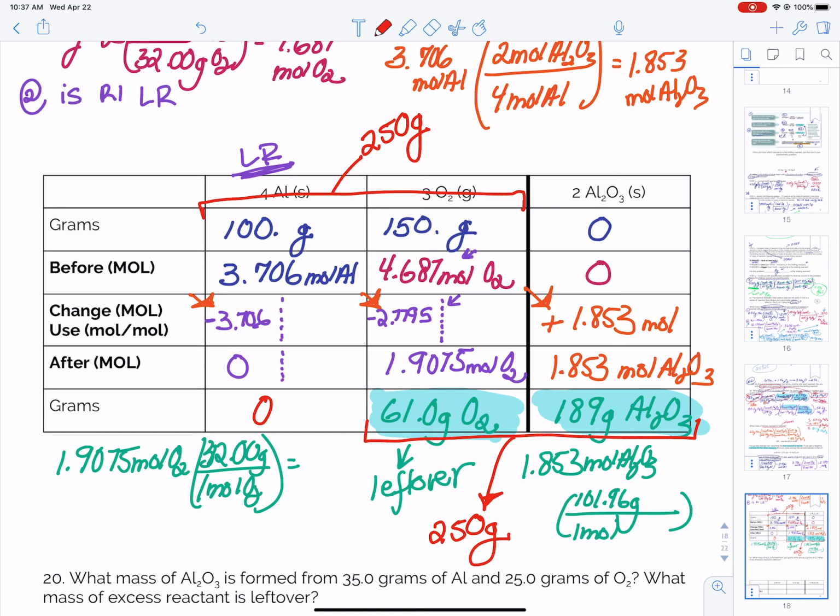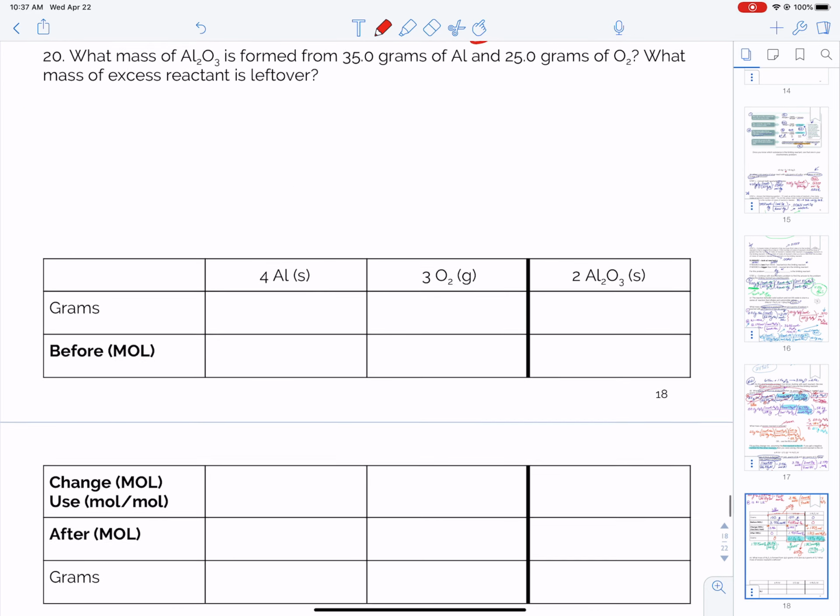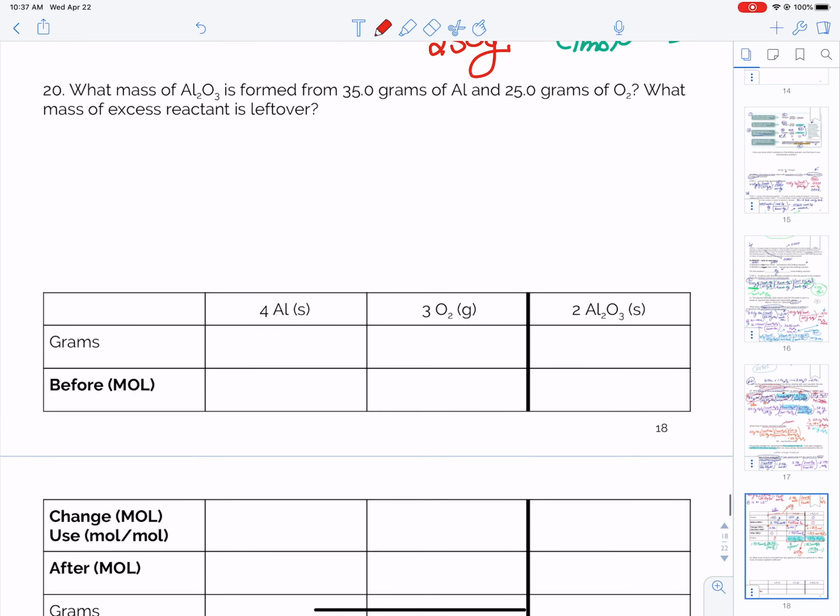Okay, we're going to do one more of these for practice, and then you guys can start your homework on this. So what mass of Al2O3 is formed from 35 grams of aluminum and 25 grams of oxygen?